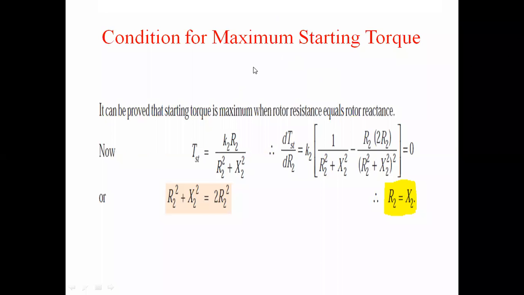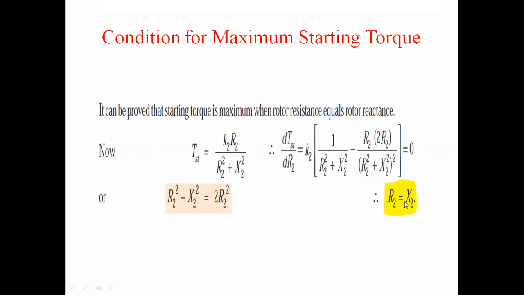Next we will look at the condition for maximum starting torque. As per this equation, R2 equals X2 is the condition for the maximum starting torque. In the paper you may be asked to calculate the value of the maximum starting torque, so we have to remember only this formula.